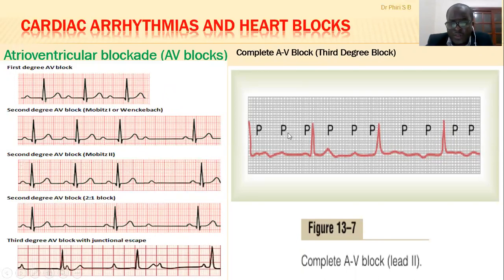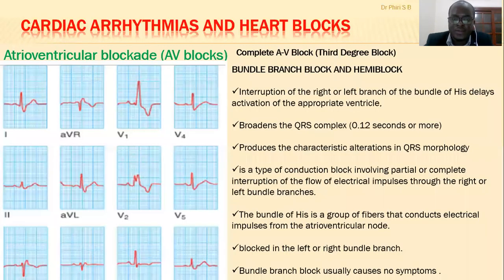For these P waves, there is no communication between the P waves and the QRS complexes. Because of this, there is consistent P to P, and because you have consistent P to P, you also have consistent R to R interval. It means that this is a third degree heart block. Okay, so you can't miss it.